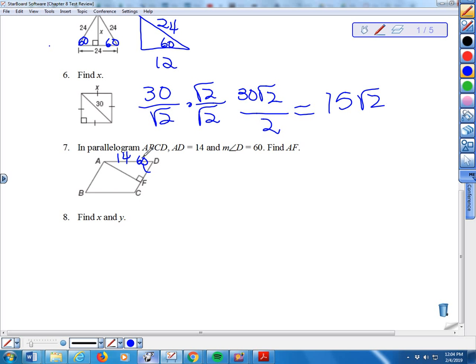One of the things I always told you is it's always easiest to get to the side opposite the 30 before you do anything else, because both the side opposite the 60 and the hypotenuse are from the 30. So it's easier for me to get from the hypotenuse to the 30, which is this side, by doing what? Divide by 2. So this is 7. That makes it much easier for me to find this side is 7 square root of 3. That makes sense?